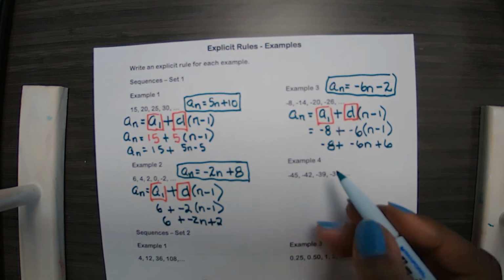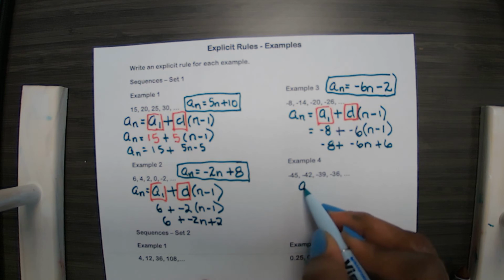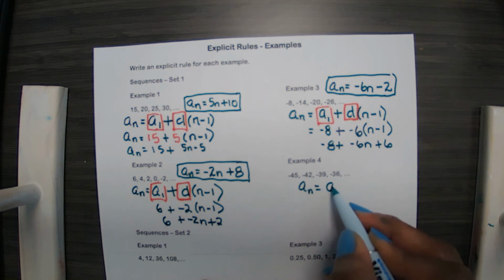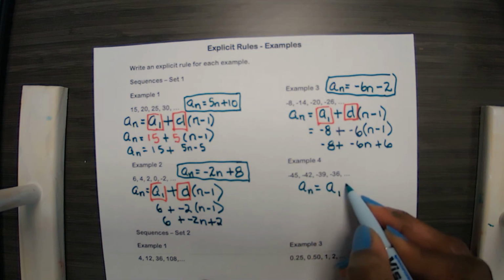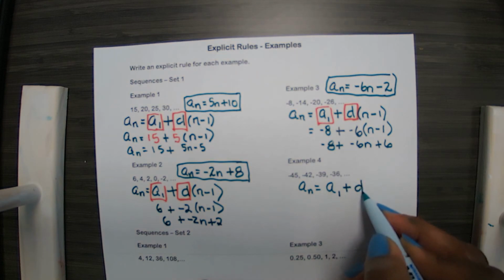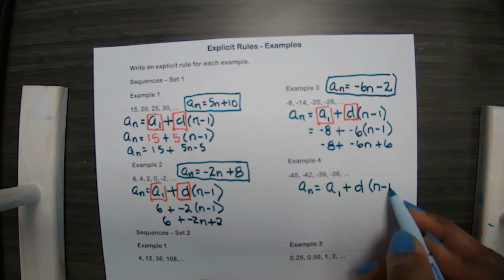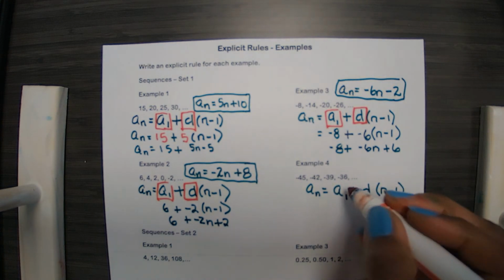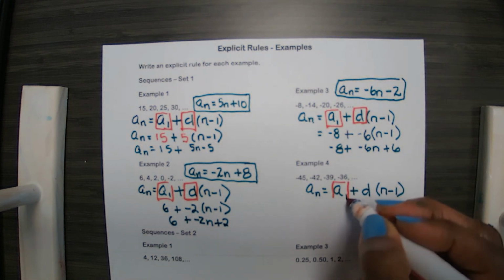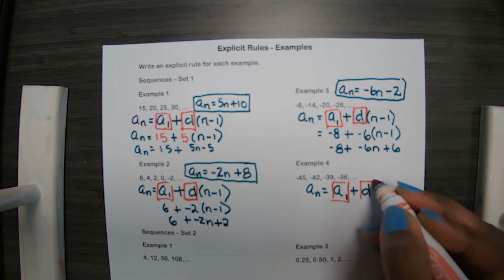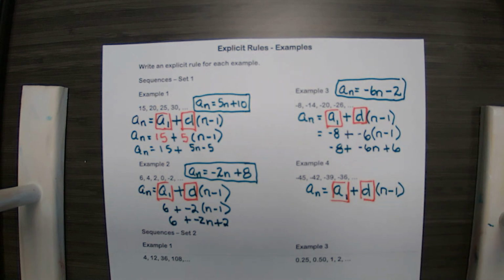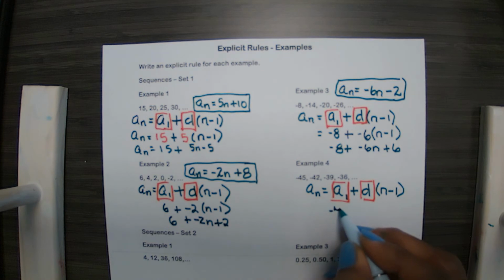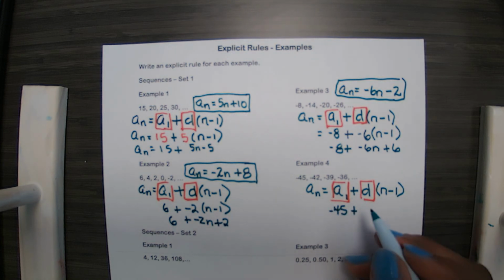Okay. For the next one, a sub n is equal to a sub 1, what we started with, and we want that common difference, and we want to multiply it times n minus 1 time. Our first term is negative 45. We are going up the number line closer to 0, and we're going up by 3.